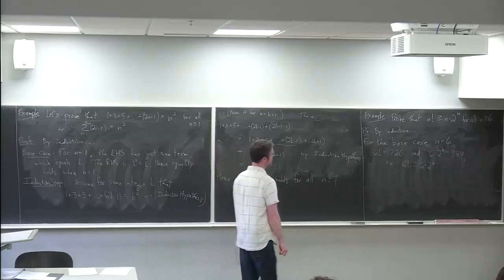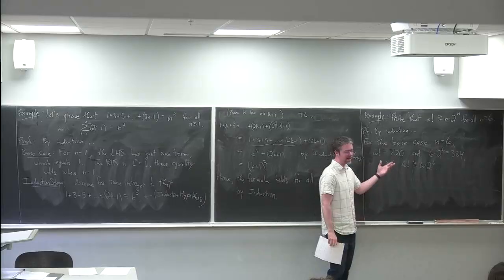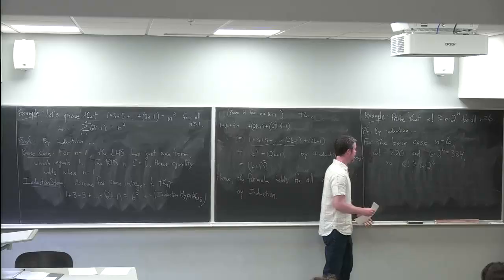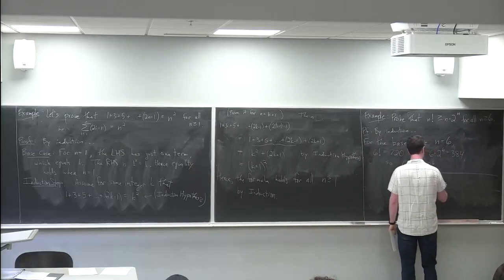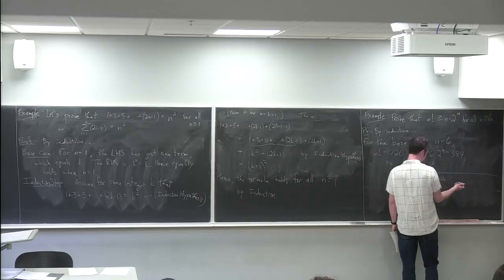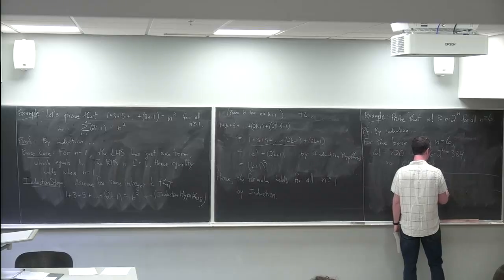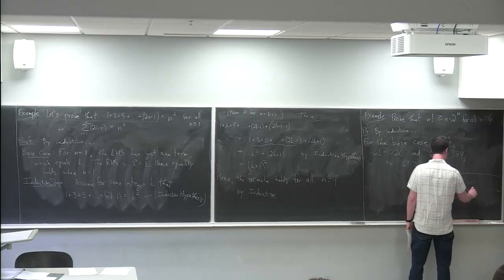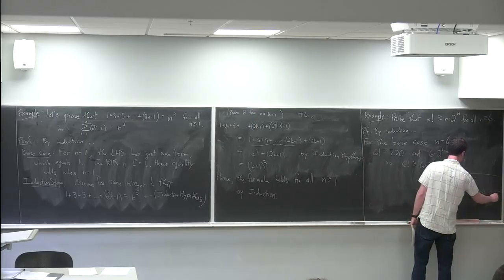And just one thing to point out is that factorials lend themselves towards inductive type proofs. Just a little fact about factorials: if you have something like n plus 1 factorial, that means n plus 1 times n times n minus 1 times n minus 2, all the way down to 3, 2, 1.